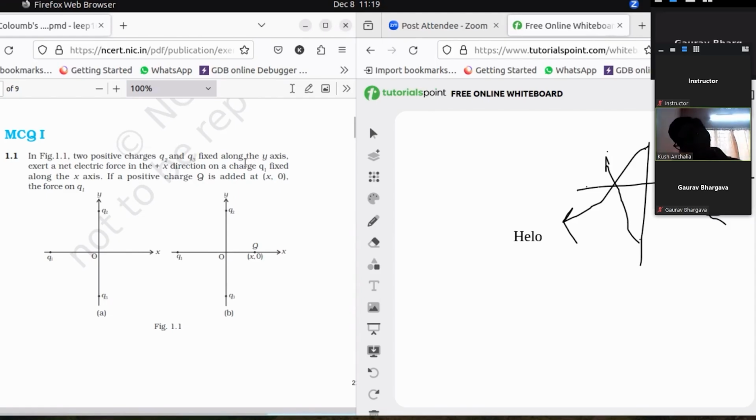Due to Q2 and Q3, the y direction component is already balanced, as it is also mentioned that they exert a net electric force in the positive x direction on the charge Q1.